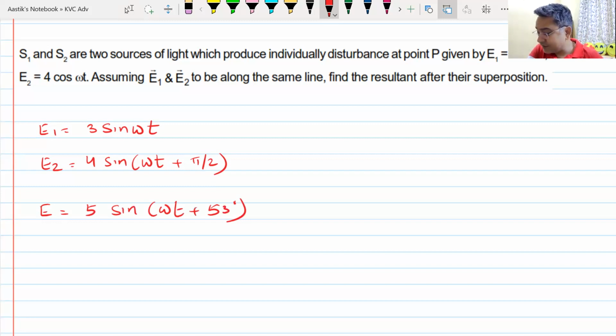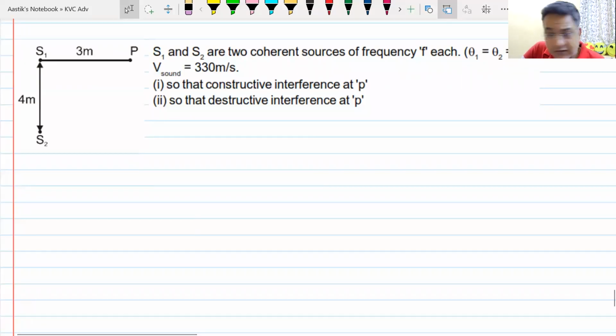Now let me put this question. These are the type of questions that you are going to see in the examination hall. S1 and S2 are two coherent sources of frequency f each.